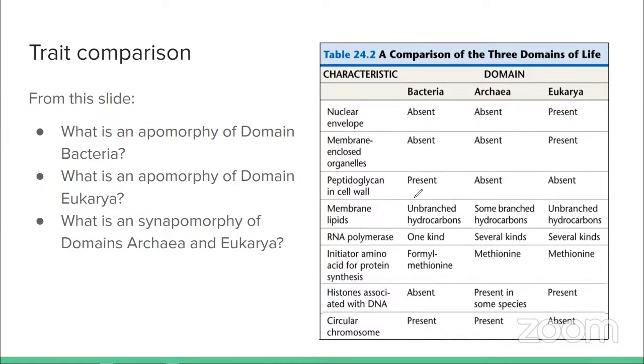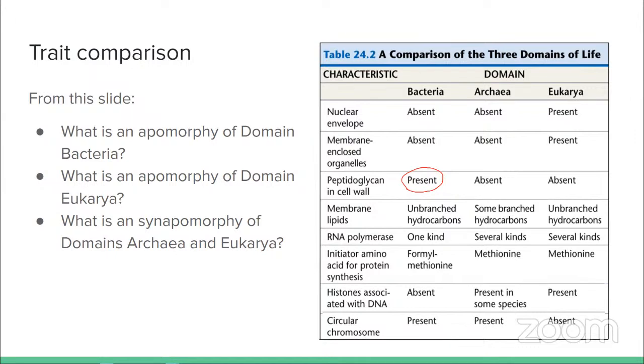Peptidoglycan. Yeah, all right. So in our bacteria, when we're looking at the cell wall, we can see peptidoglycan present in bacteria, but we don't see that in either the archaea or the eukarya. So that would be an apomorphy of that domain because it's a unique trait that we only see there.